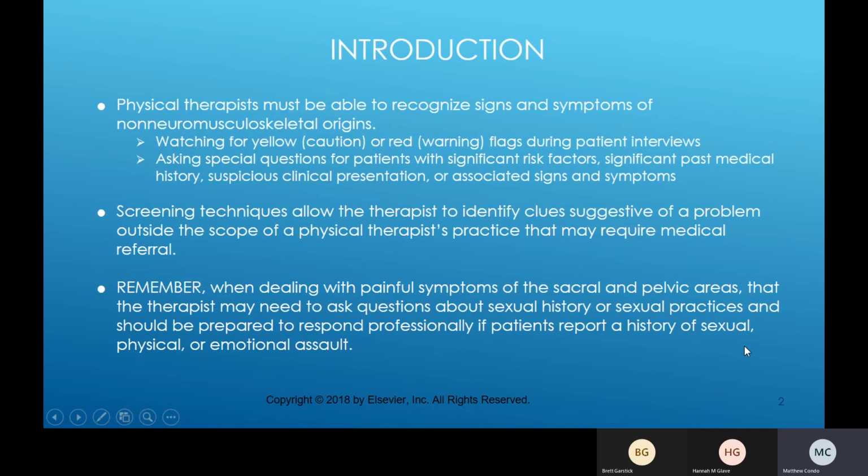Okay. So what we need to be able to do as physical therapists is recognize the signs and symptoms, right? We need to figure out, like we've kind of talked about both this semester and last semester, can I see this patient or can I not see this patient? Or can I see this patient, but I think they need something else on top of me?